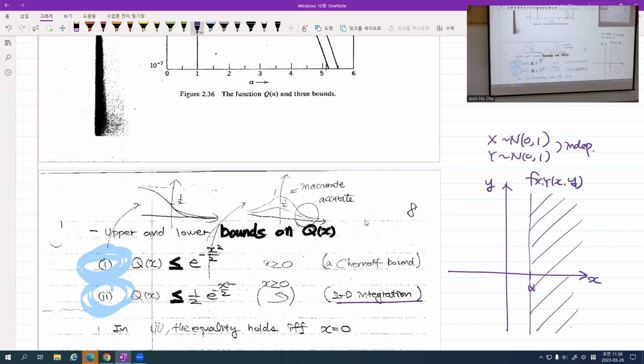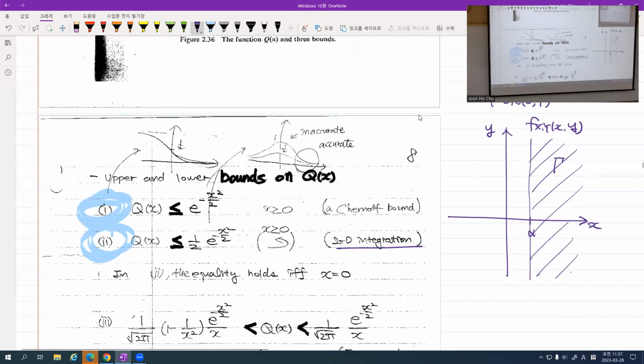And let me call this area gamma. Then my question is this. What is the integration of this joint density of IID zero mean unit variance Gaussian on this area gamma? What is that?